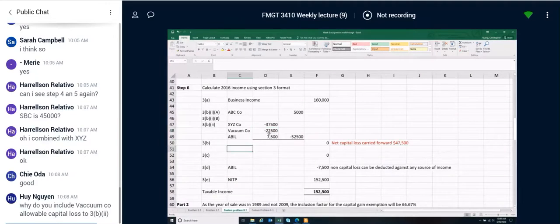So the whole point of recharacterize is just pretend: can we pretend it's something else just for the purposes of the formula? So you have to show the Vacuum Co loss first. Then you show the amount reclassified. This nets to zero. You're just putting it in a different spot. You're not changing the total numbers. That's the whole point of reclass.